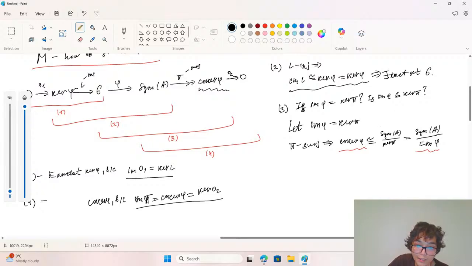So I defined co-kernel in a way such that this equality must hold, because the image of phi is always contained in symmetry of A. So it's only a question of the map pi, and pi maps to the co-kernel.